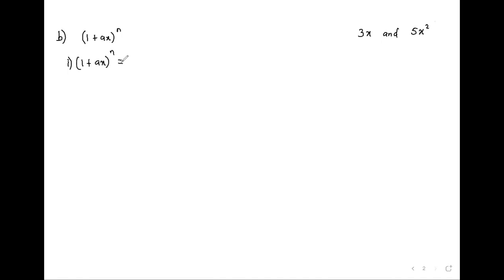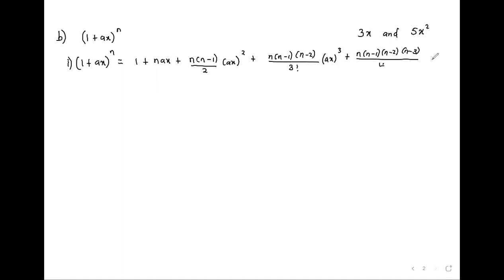So we know that in this expansion, you can actually expand it: 1 plus n ax plus n times n minus 1 over 2 factorial ax squared plus n times n minus 1 times n minus 2 over 3 factorial ax cubed plus n times n minus 1 times n minus 2 times n minus 3 over 4 factorial ax to the 4, like that.